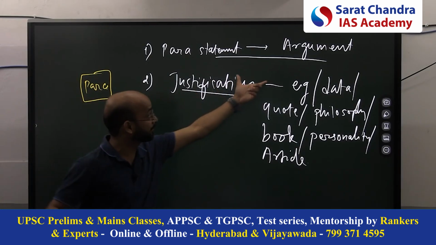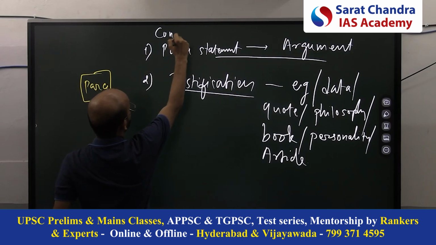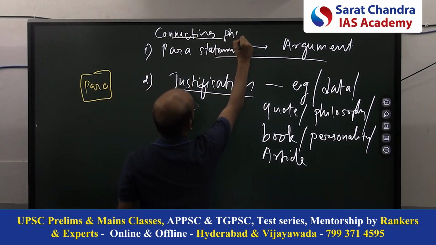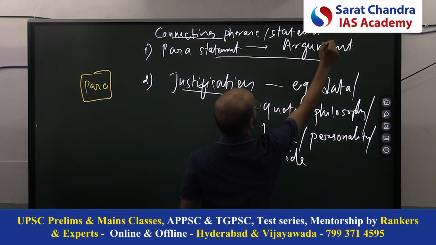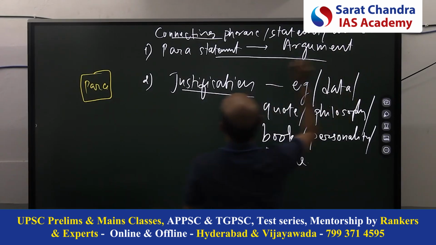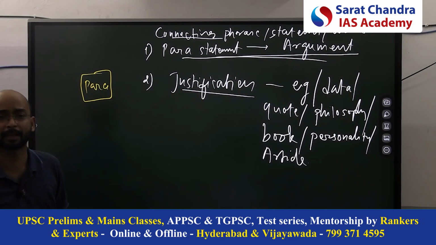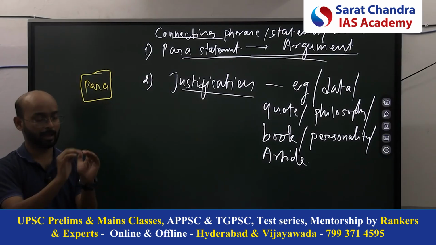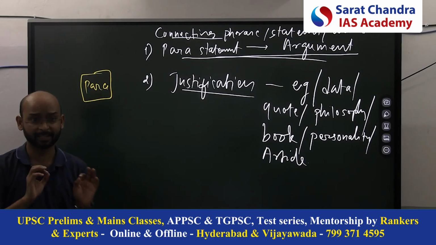Every paragraph should start with one argument, including your connecting line. Here, definitely there should be one connecting phrase or statement or sentence or word. With this, there should be one argument. The first line of your paragraph should be your argument: what you are trying to say. I am saying that truth knows no color means that the truth goes beyond any kind of gender discrimination.